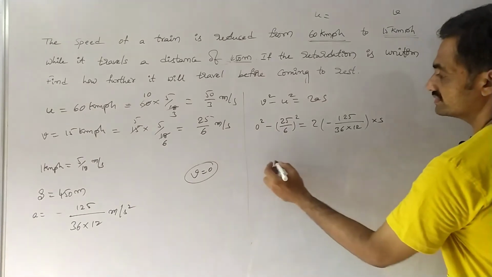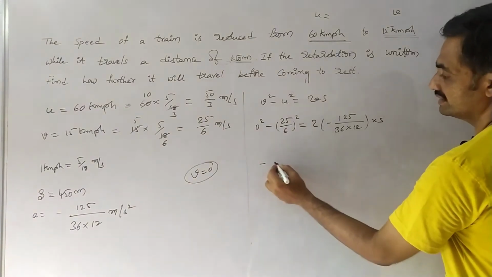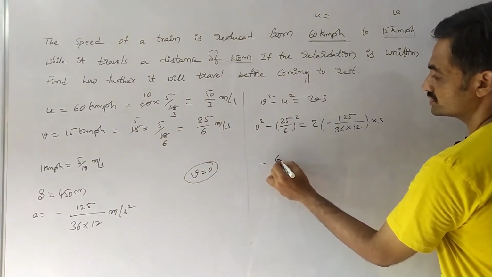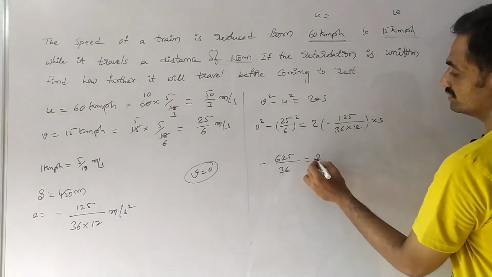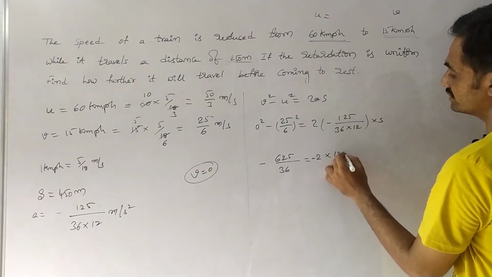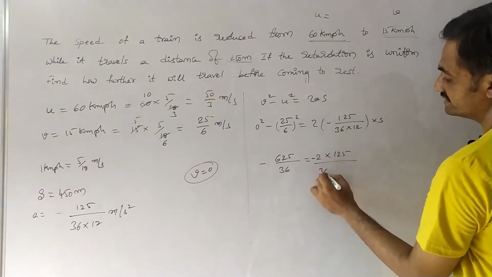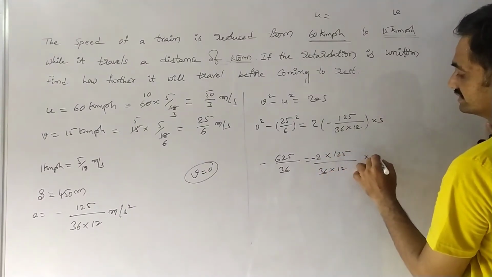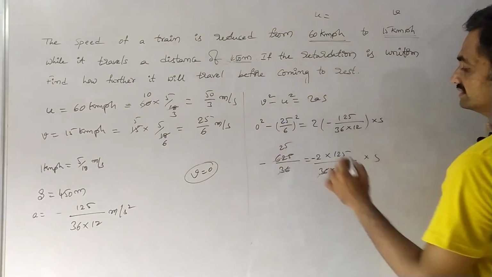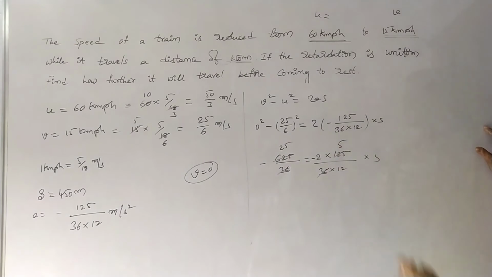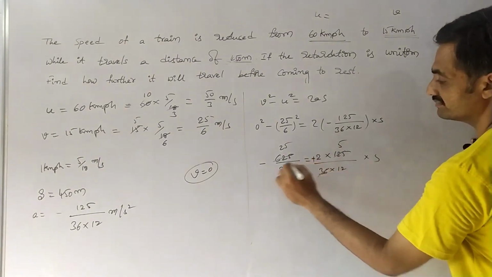So here as you observe, 0 minus 25 is 625 by 36 equals 2 into minus 125 by 36 into 12 into s. So here 36 and 36 get cancelled, 25 is 25, 5. So here minus and minus get cancelled.